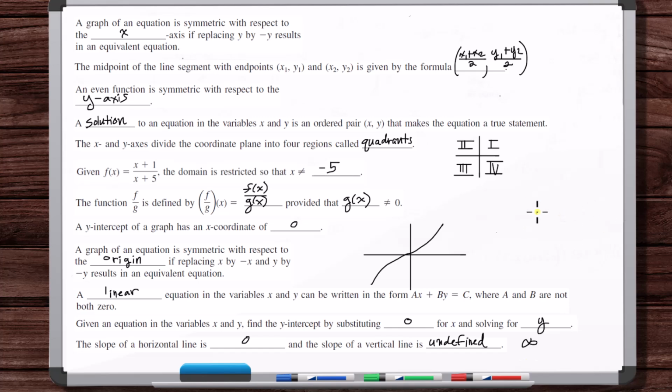If you have a vertical line and you just barely tilt it, by like a thousandth of a degree, then what does that mean? That means you go just a sliver in the x and then a large amount in the y to get back to the line. So delta y divided by delta x is a large number divided by a very small number. You're approaching infinity. But technically, you can't divide by 0, so the slope of a vertical line is technically undefined.